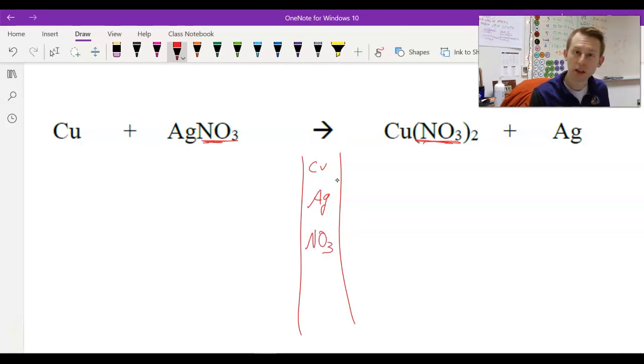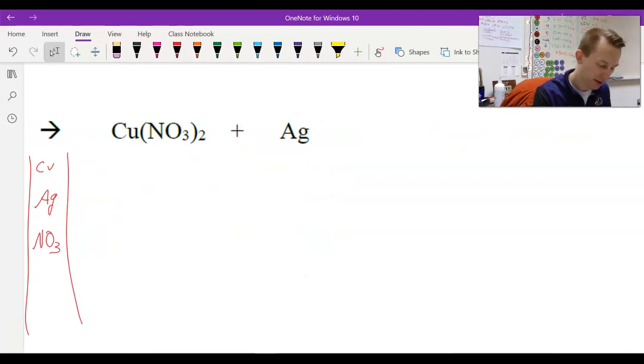We're going to treat that as one unit, because if you notice, there's one NO3 here, and on the right hand side there are 2 NO3s. So if we can see a polyatomic that's on the left side and on the right side in the same format, then we can treat it like it's one thing. So I'm just going to make a note off to the side saying just that.